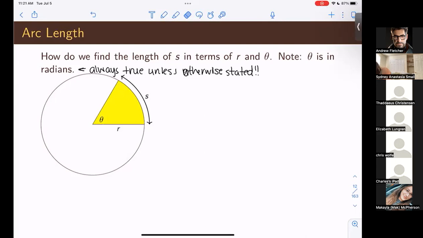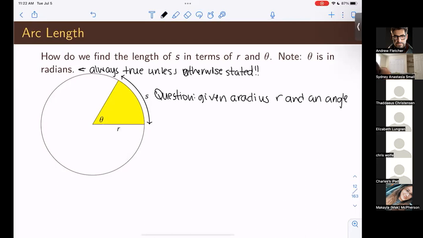So the question we're trying to answer is, given a radius R and an angle theta in radians, how can we compute S?